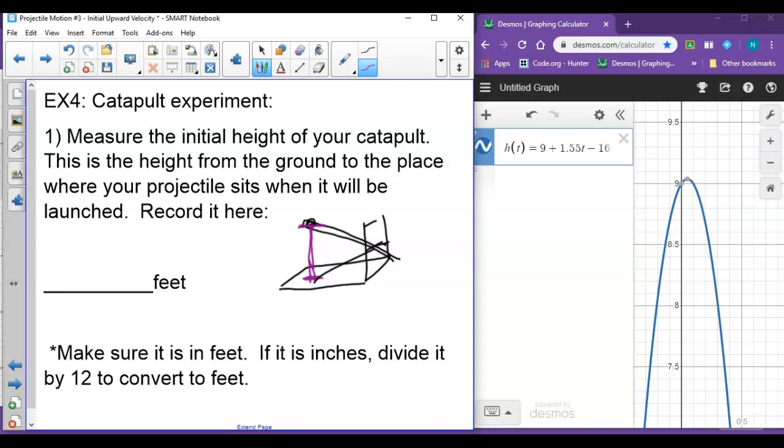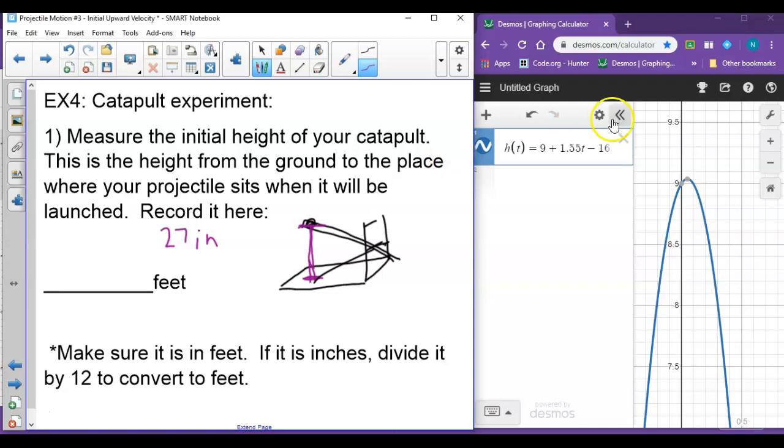I'm going to go with what my catapult was. My catapult had a height of about 27 inches. Now, I do not want to put in 27 inches, because everything in that equation, h sub 0 plus v sub 0 t minus 16t squared, is in feet.